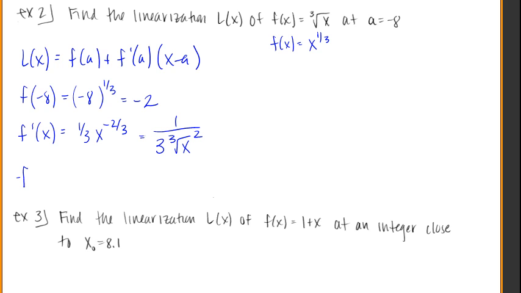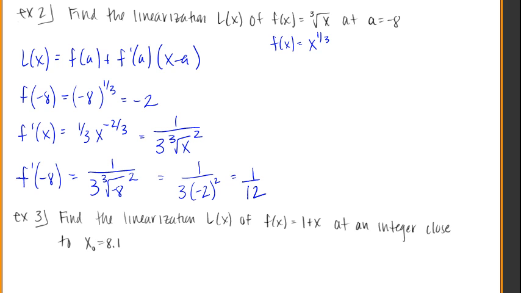So the derivative evaluated at our a value is 1 over 3 times the cube root of negative 8, all squared. The cube root of negative 8 is negative 2, squared is 4. So 1 over 3 times 4 is 1/12.